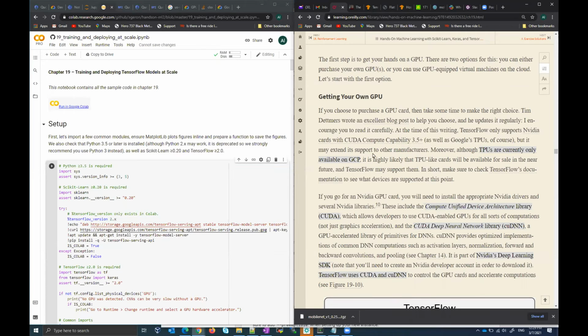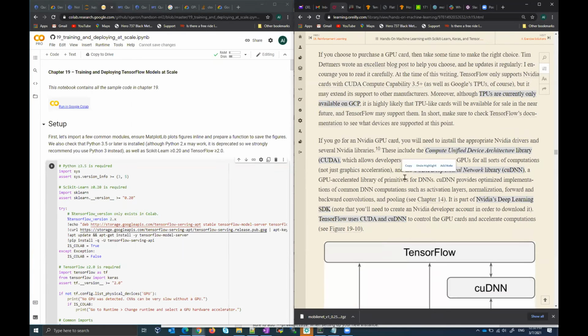Okay, but Google provides the TPUs, right? Usually more powerful than the GPUs, but only Google has them at the moment. We can work with both TPU and GPU cards for TensorFlow.